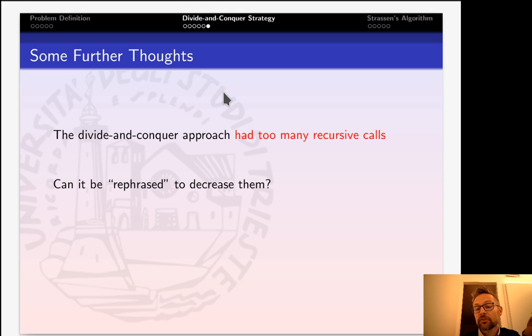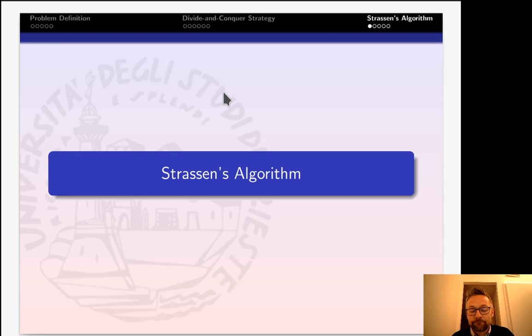Is it possible in some sense to avoid at least one of the block multiplications in the recursive call? Okay, yes, it is possible. And now I will show you how Professor Strassen was able to reduce the complexity of the naive algorithm and of the divide and conquer algorithm.